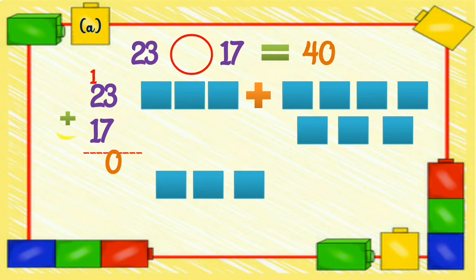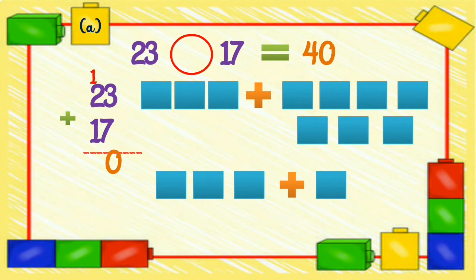Now plus. Then here we see the left side digit. It is a 1. So now we count 1, 2, 3 and 4.